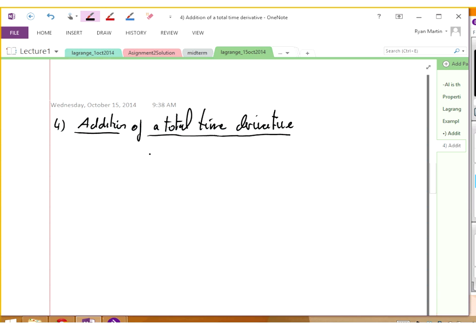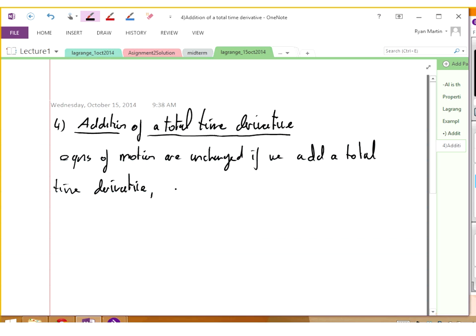So the equations of motion are unchanged if we add the total time derivative, let's call that a function f of our variables.